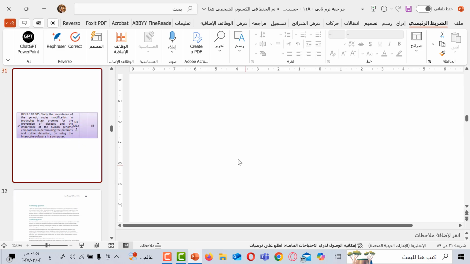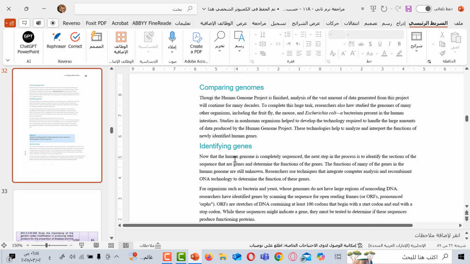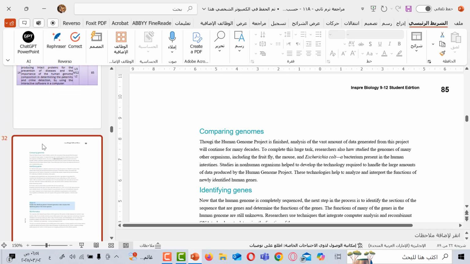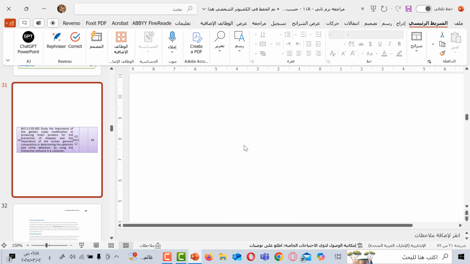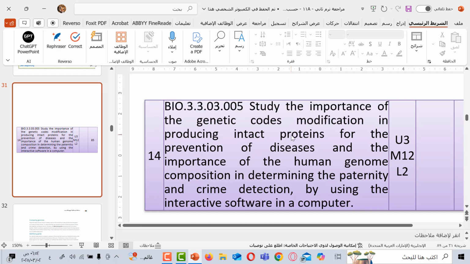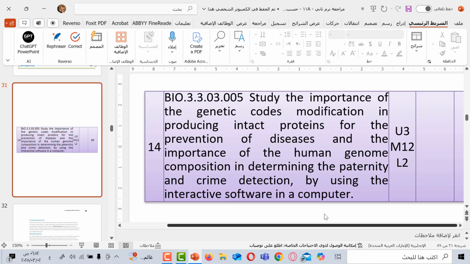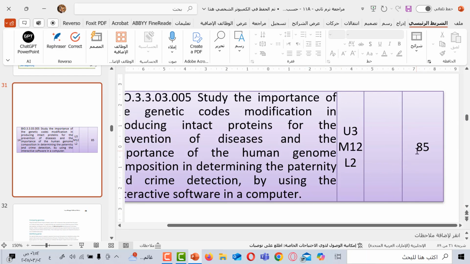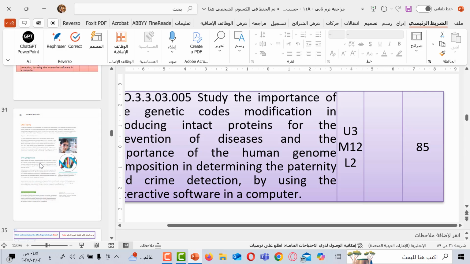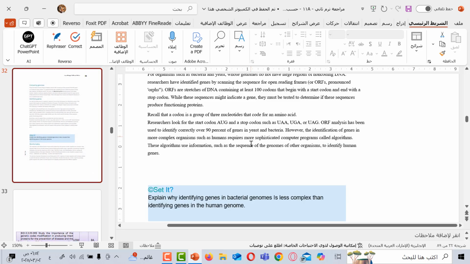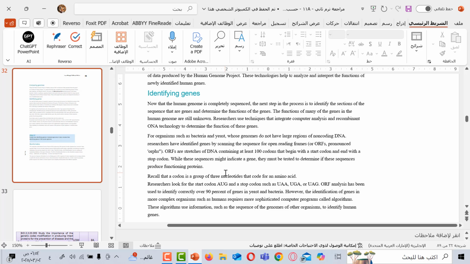Another question on another page. Here, number 14 is asked about page 85.